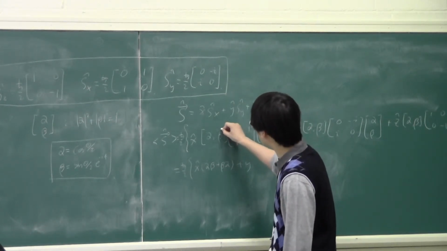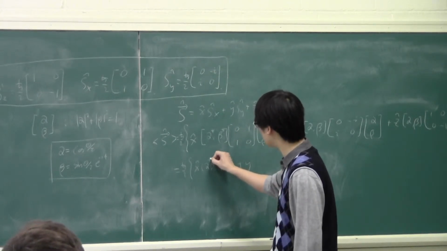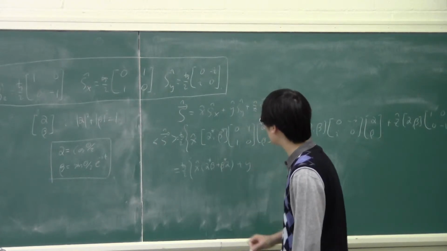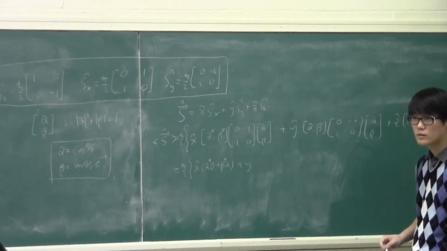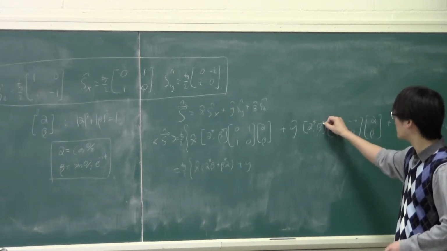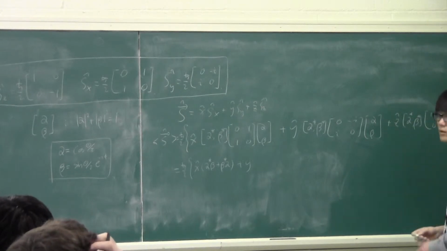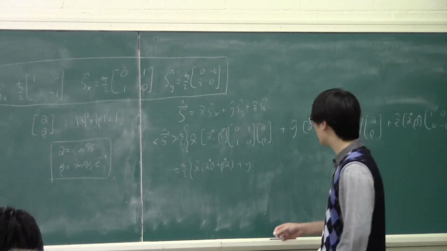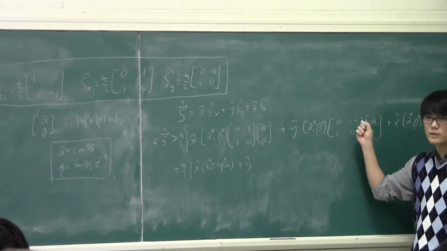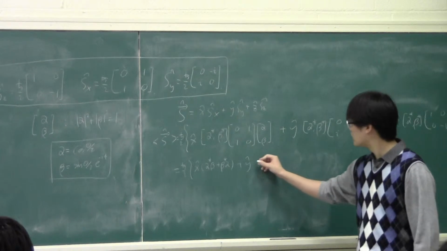Oh, sorry, these should be complex conjugated. That's why it makes a difference. These should all be complex conjugated. For the y component, there's a minus i here, so let me take out the factor of i.